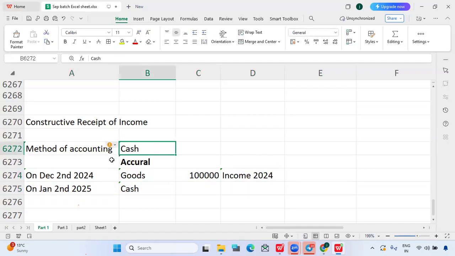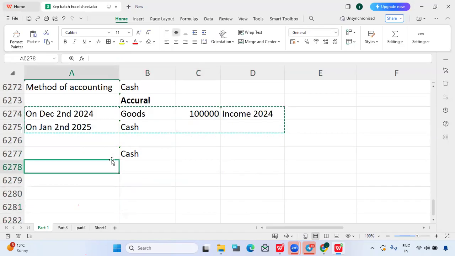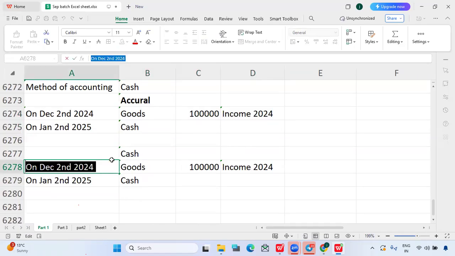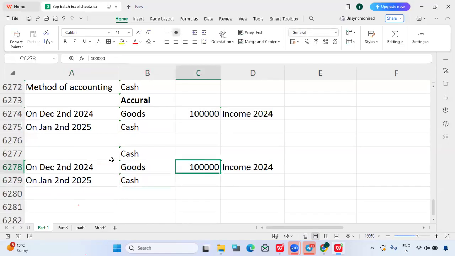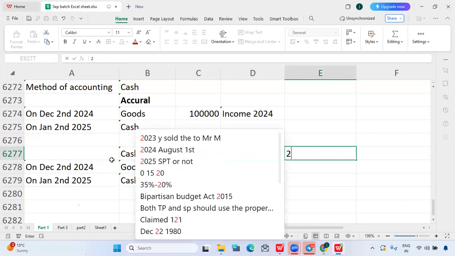Now the cash method of accounting. Let's take the same numbers: we sold the goods on December 2nd, 2024, value $100,000. Did we receive cash in 2024? Do we need to consider it as income?